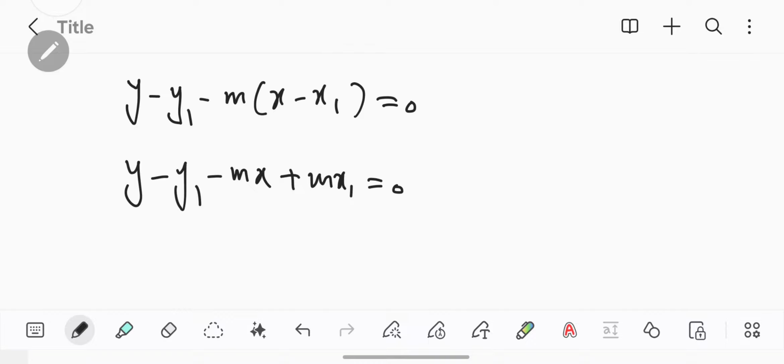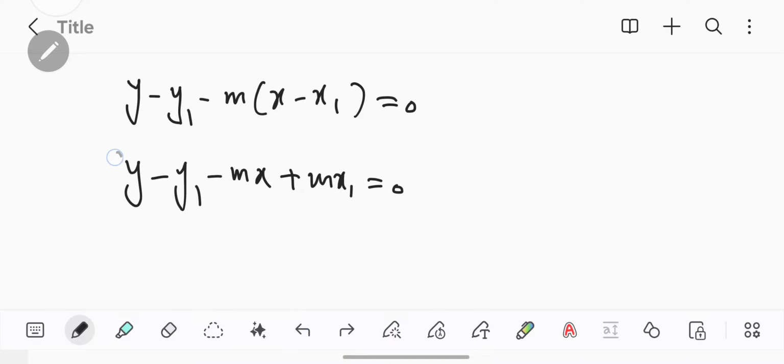Now I separate the variable terms and the constant terms. y1 is not a variable because x1 and y1 are special fixed values, while mx is the variable term because x is variable, and y is the variable term because y is variable.